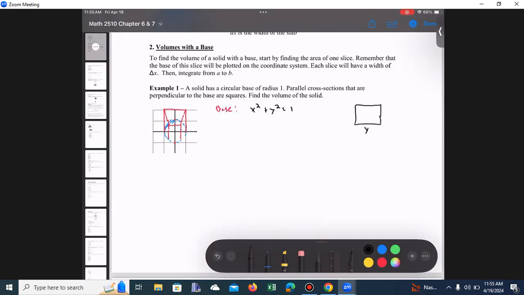You have y by y, so the area equals y squared, and y squared here is going to equal 1 minus x squared. So your area then is equal to 1 minus x squared.